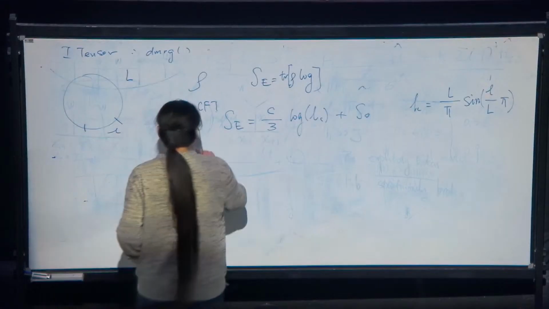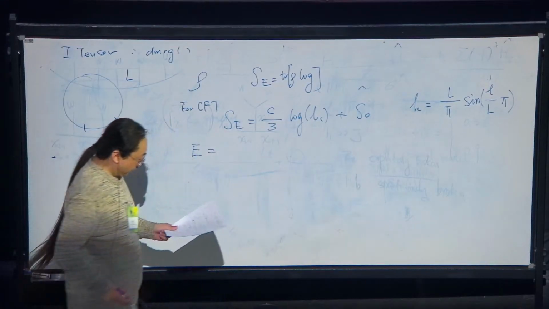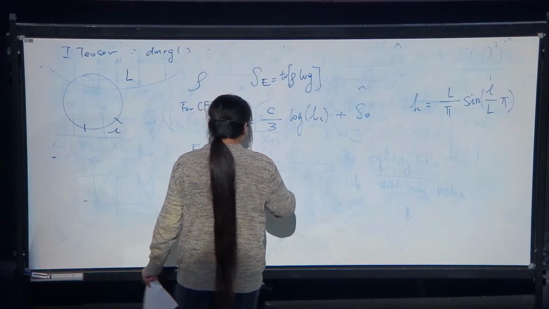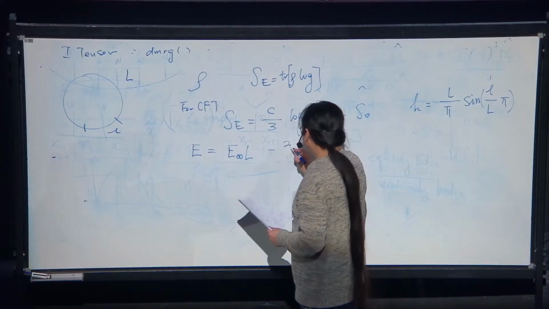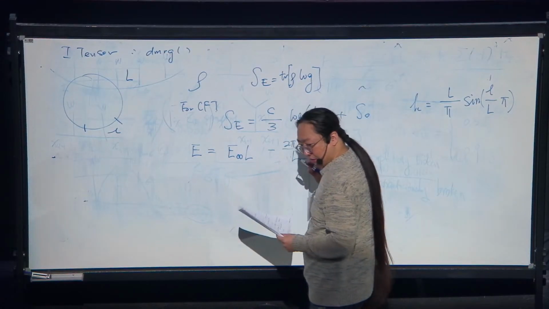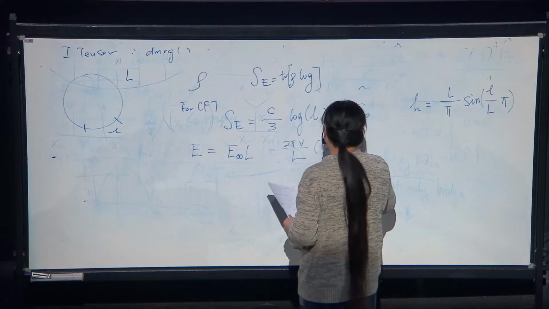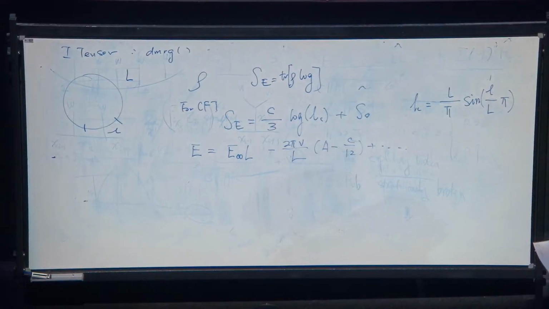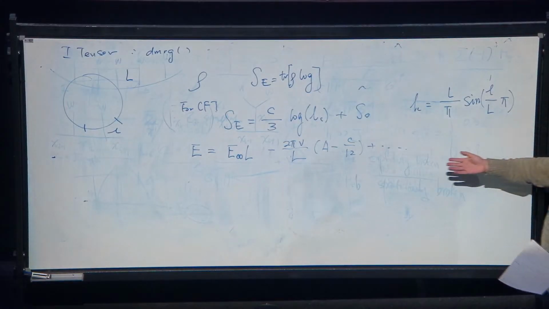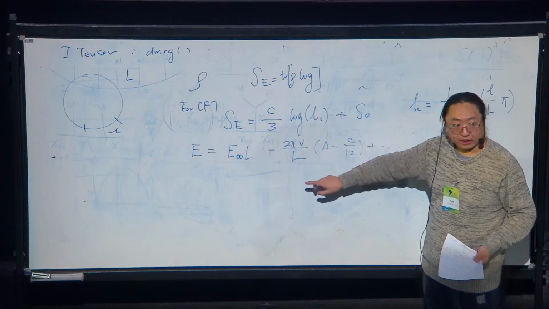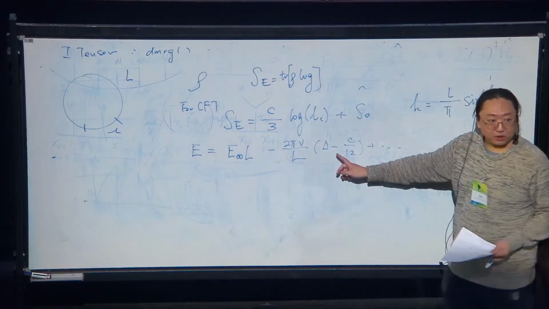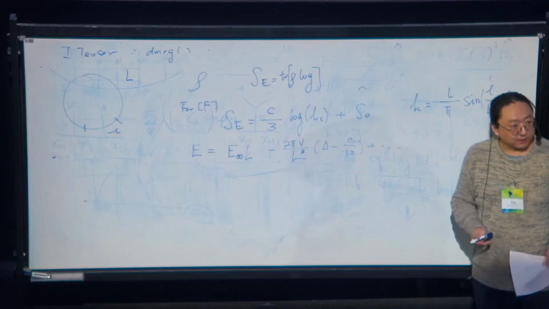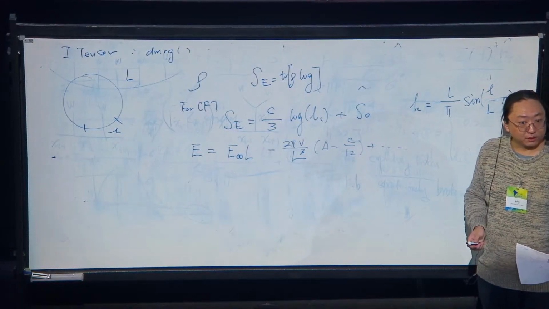There's another tool, which is that the energy of excited states and ground states should scale with the size of the lattice in this form: 2 pi velocity over L to the z times delta minus c over 12, plus higher order corrections. From this, you can basically map the energy of your states onto the scaling dimensions of operators. I should mention, importantly, there is a z here, which tells you the dynamical critical exponent of your system.